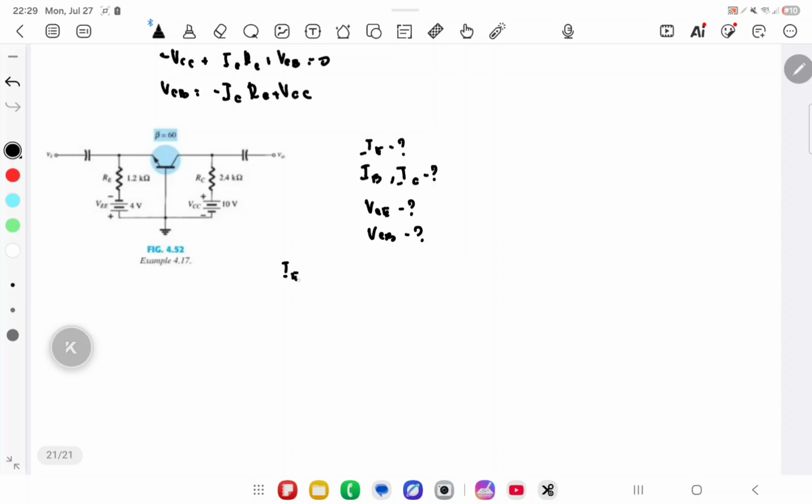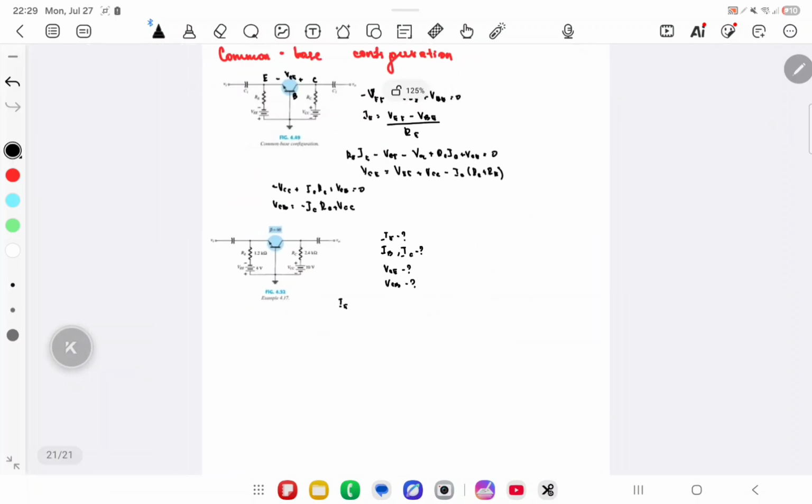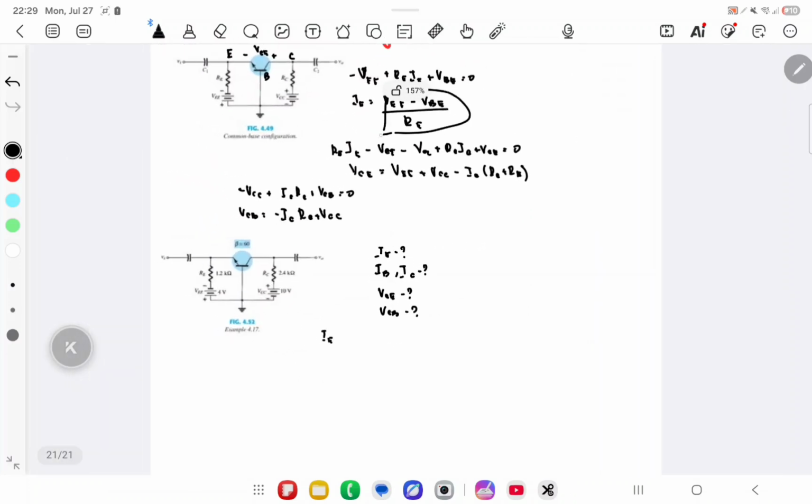So our IE, if we just put the values into this formula, will be equal to (4 minus 0.7) over (1.2 multiplied by 10 to the power 3). This will give us 2.75 multiplied by 10 to the power of minus 3 amperes. So this is basically 2.75 milliamperes.